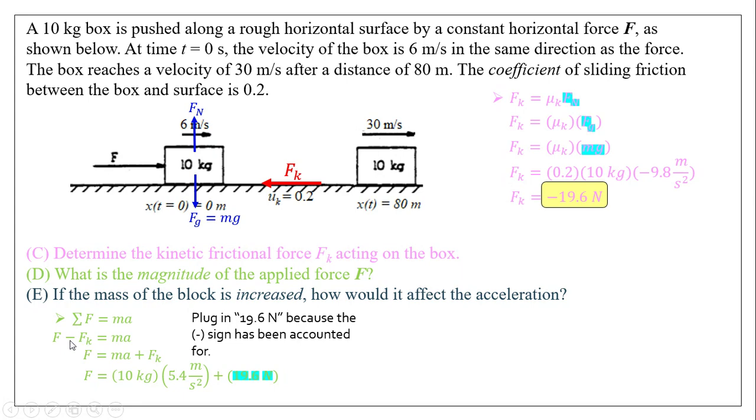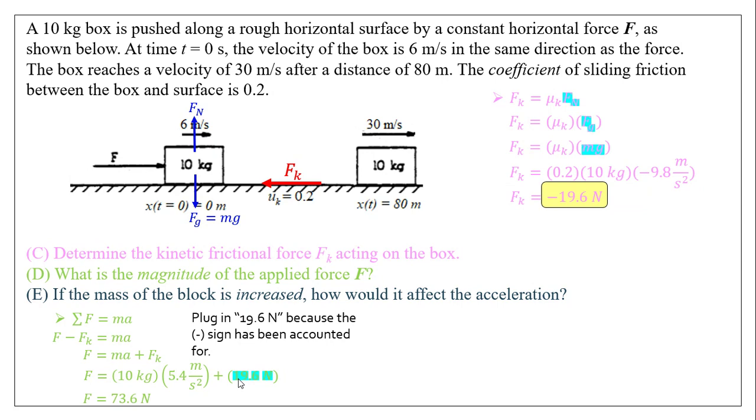So I like to just go ahead and introduce my negative sign by just subtracting this quantity, the magnitude. So I'm already telling you that Fk is negative. So when you get down to here, you can plug in just 19.6. If you plug in negative 19.6, you're saying that it's negative twice, which is improper. Okay, so pay attention to your signs.